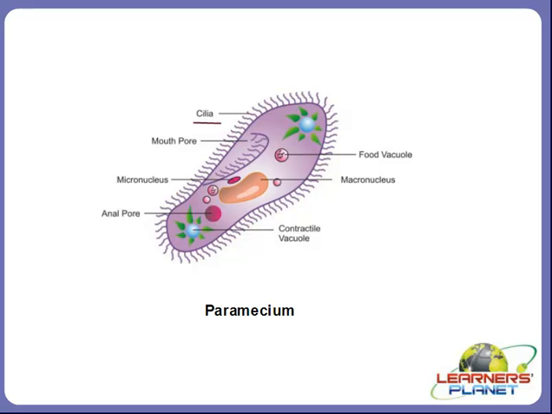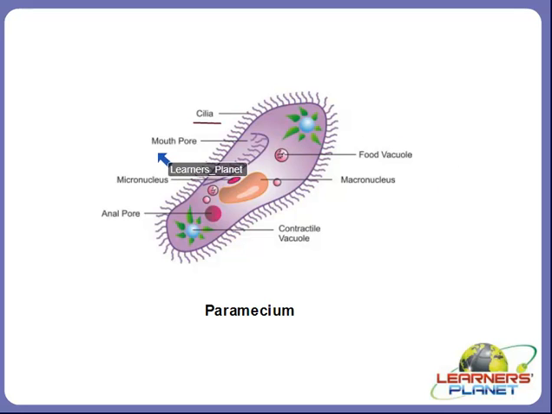Now, the special property of cilia is that they can move to and fro, upward and downward, backward and forward. This backward and forward movement helps in pushing the organism forward and backward. So this is how the cilia provide the advantage for movement of this organism.